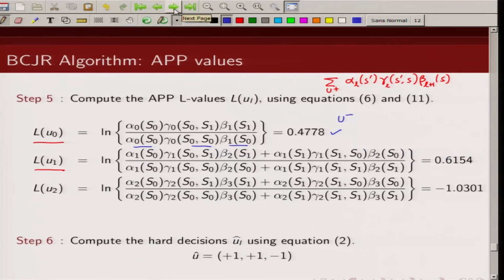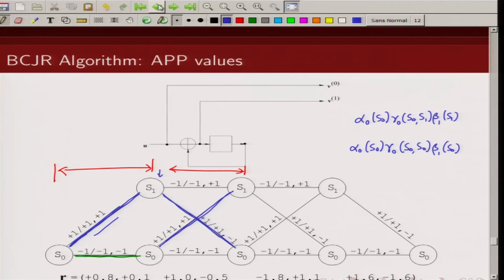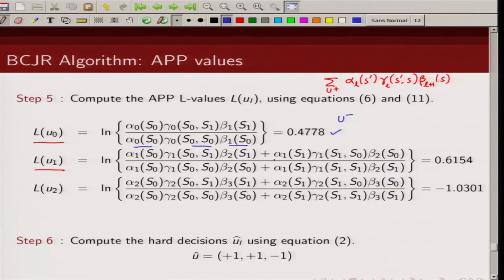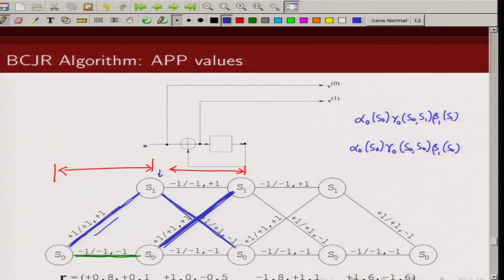That is what you see here. There are two terms: one is alpha 1 s 0, gamma 1 s 0 s 1, beta 2 s 1, which corresponds to this transition, and the next term corresponds to this transition. Similarly, in the denominator, you need to look at the valid transitions corresponding to ul minus 1, and what are those?